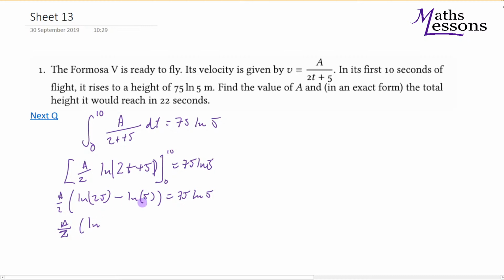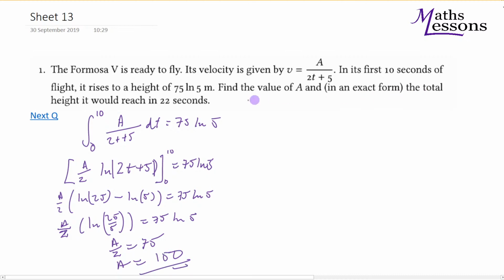Now, when you're taking them away, you're going to do 25 divided by 5, and you can just see that's the natural log of 5. So therefore, a over 2 must equal 75. So a must equal 150.